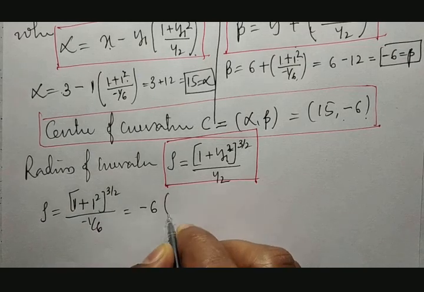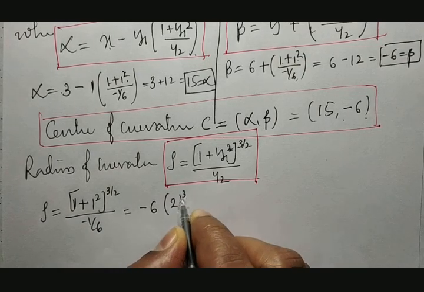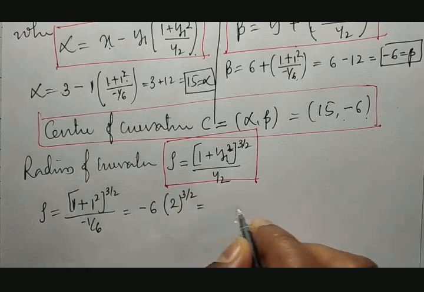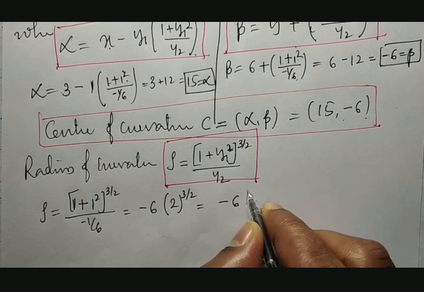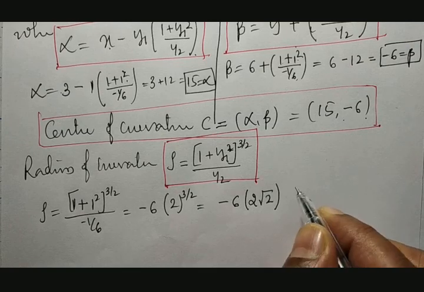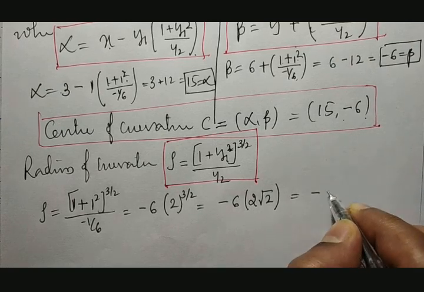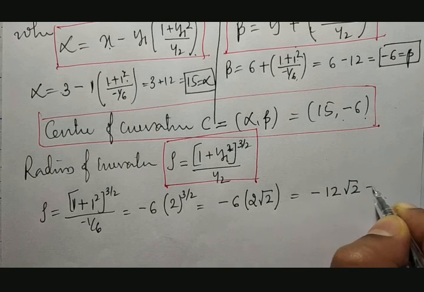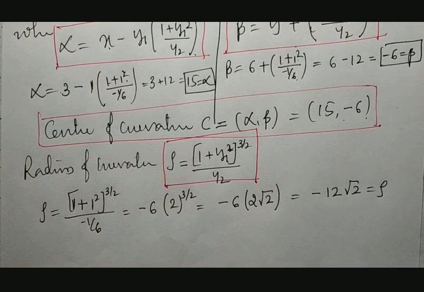So minus 6 into 2 raised to 3 by 2, which can be written as 2 into root 2. Therefore, it is equal to minus 12 root 2. This is the value of rho.